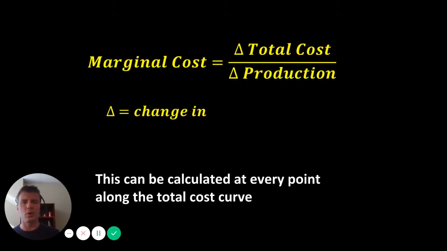Marginal cost is a rate of change, right? That's what these triangles represent. It's a delta, or a change in. At every level of production, the marginal cost represents the change in cost for a change in production, and we can calculate this at every point along the cost curve.